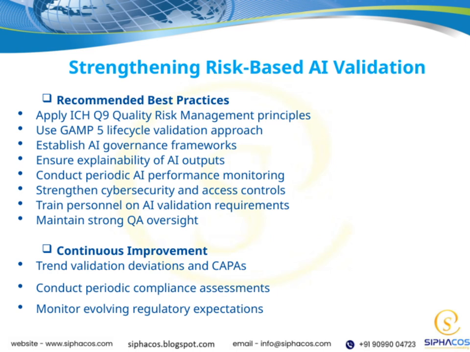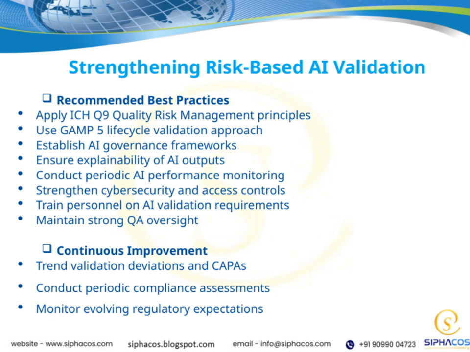Ensuring explainability of AI outputs is another key point. This means making sure that AI decisions can be understood and justified, which builds trust and supports validation efforts. Regular performance monitoring is vital too, as it helps us catch any drift or degradation in AI accuracy over time.